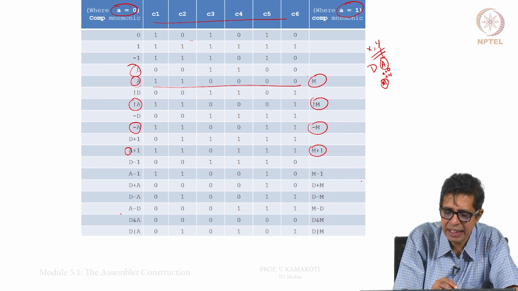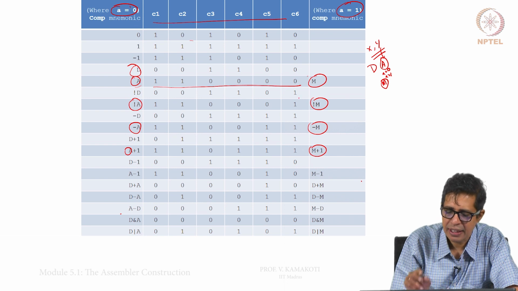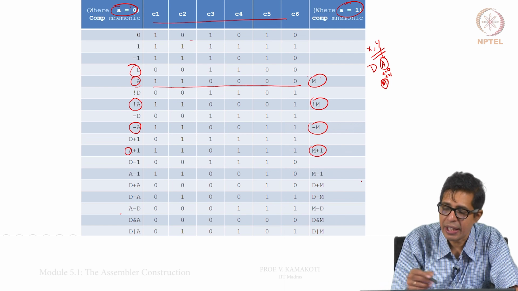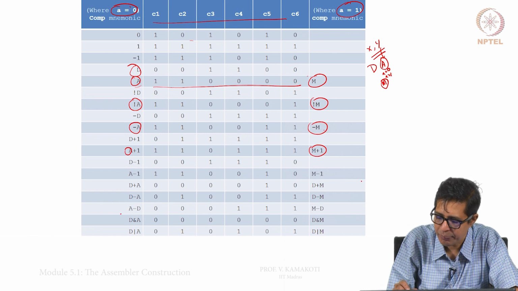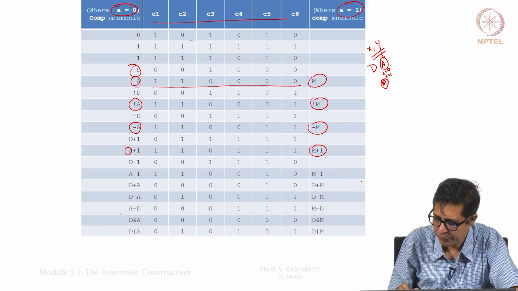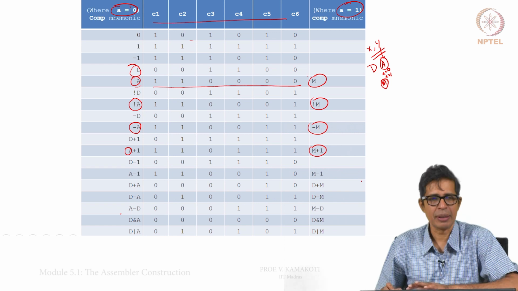If your comp is D, A, not D, not A, minus D, minus A, D plus 1, A plus 1, and so on, I do this. If your comp is M, then A equals 1 and 1 1 0 0 0. Then not M, minus M, M plus 1, M minus 1, D plus M, D minus M, M minus D, D and M, D or M, etc.